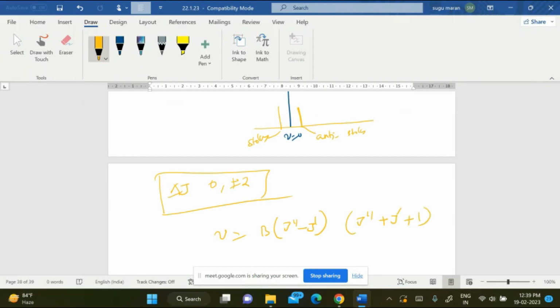So substitute that. These are your rotational lines in Raman spectroscopy.